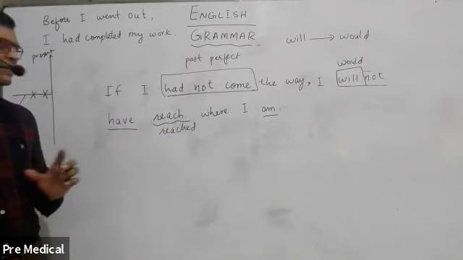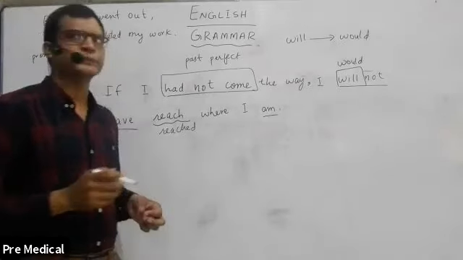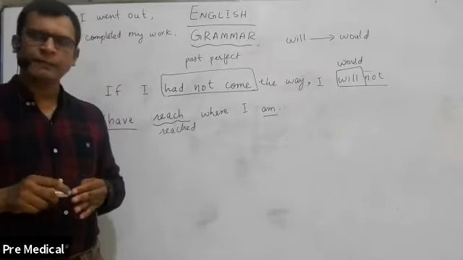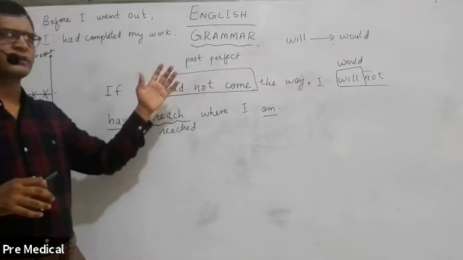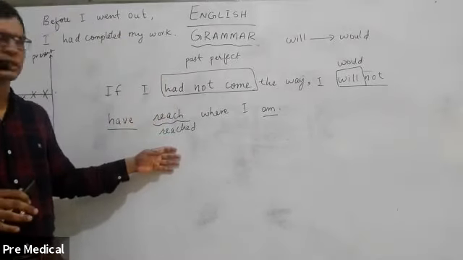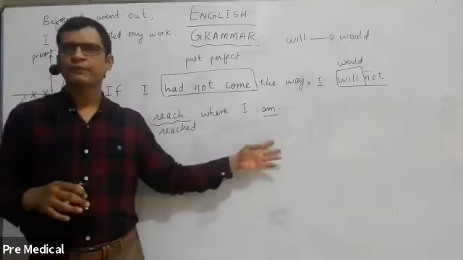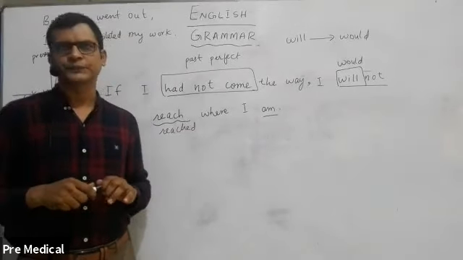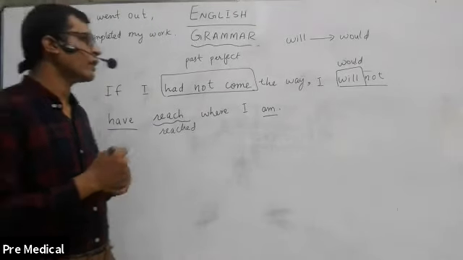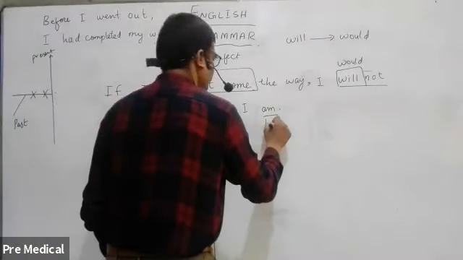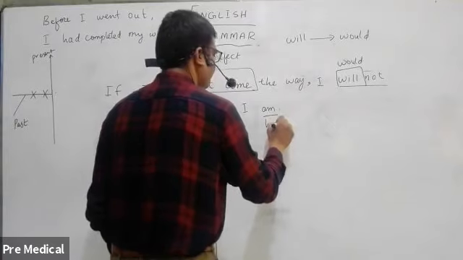Now this makes sense, but what about am? Again, am is showing present tense. So if we have past perfect and past tense, there is no way we can use present simple here. This has to change as well. We have to use have here.